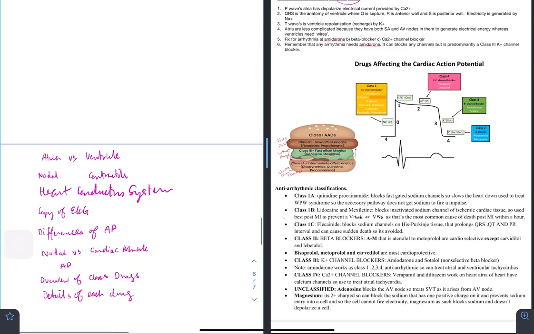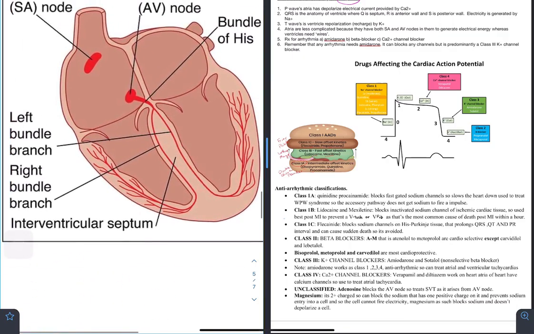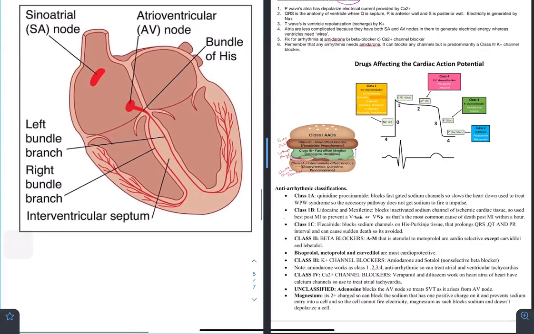Next, let's talk about the heart conduction system. This is a simplified diagram of how the action potential travels once it is generated from the nodal cells.